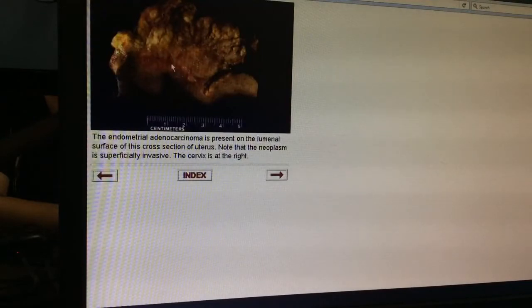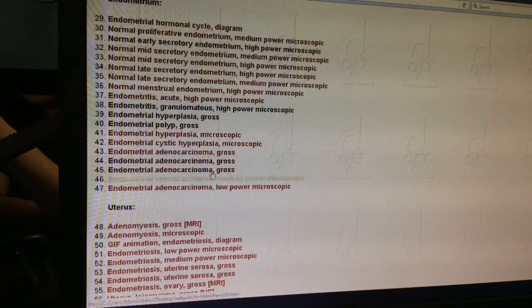This is another section of the endometrium, which shows the endometrial adenocarcinoma. This infiltrative lesion occurs in the endometrium, and the precursor for it is endometrial hyperplasia.